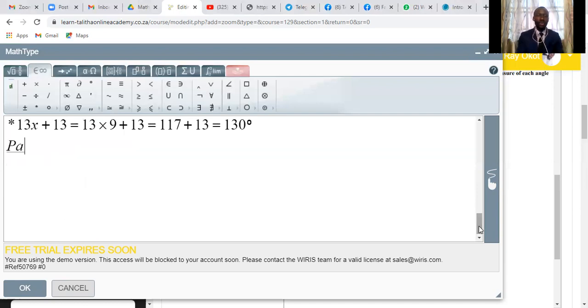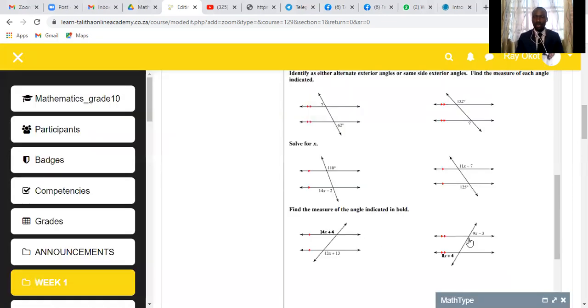Now in part 2, what are we supposed to do? The same question is still that we find the measure of the angle indicated in bold, which is this one here. We have it as 8x plus 4. On the other side, we have 9x minus 3. Notice that these two angles are also alternate exterior angles.